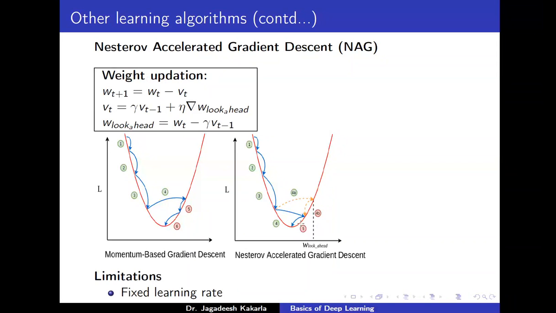But the only problem with momentum based gradient descent and NAG is the fixed learning rate. This value is constant, but it should be dynamic in nature. Why is it so? It's simple.